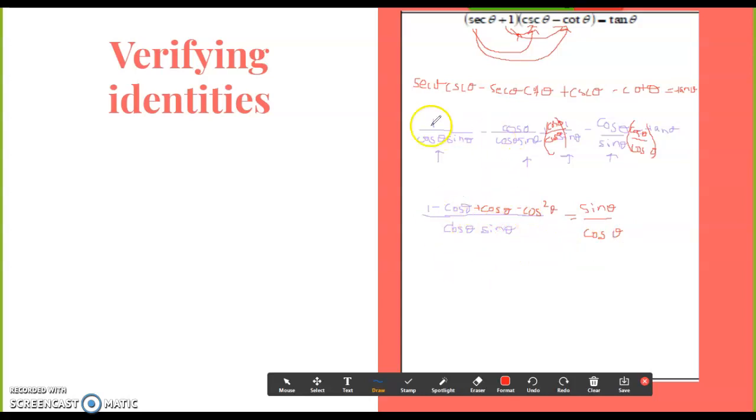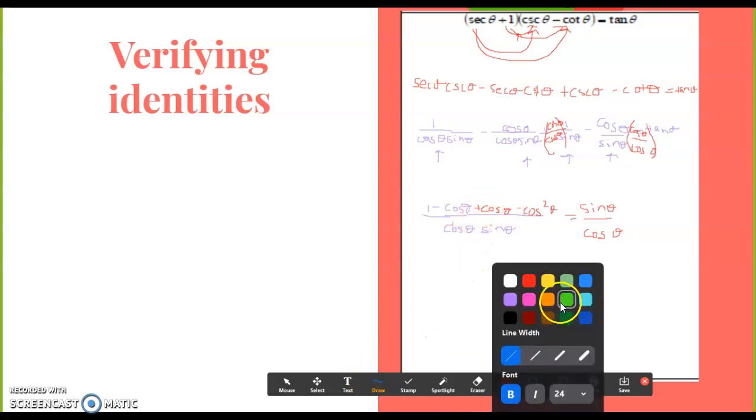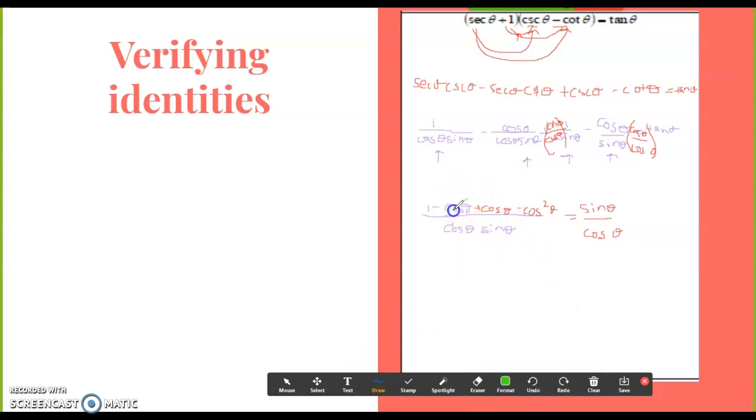Okay, let's see if we can get all of this looking the same. I notice in the numerator, the cosines are going to cancel out. So I'm just left with 1 minus cosine squared theta over cosine of theta sine theta.